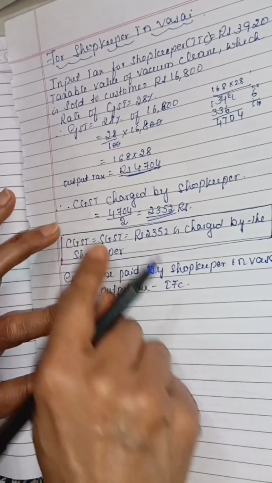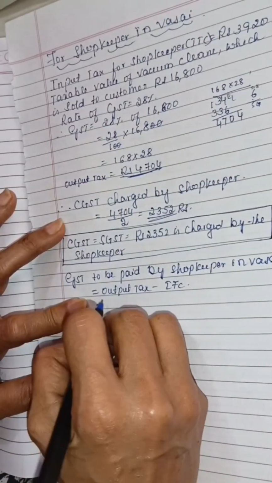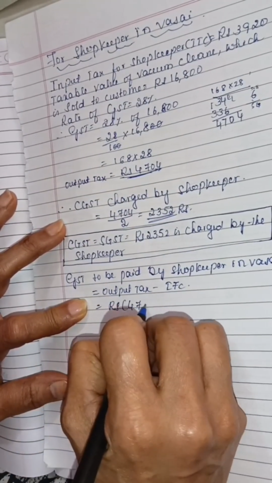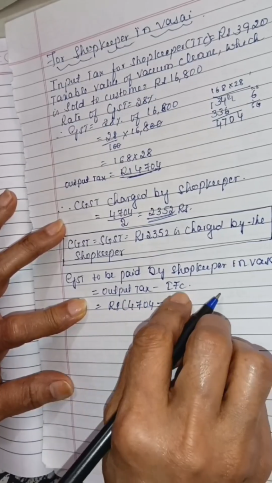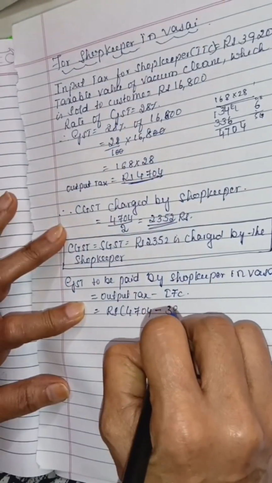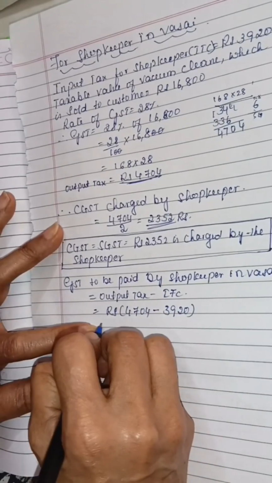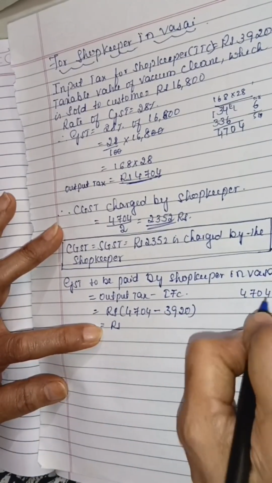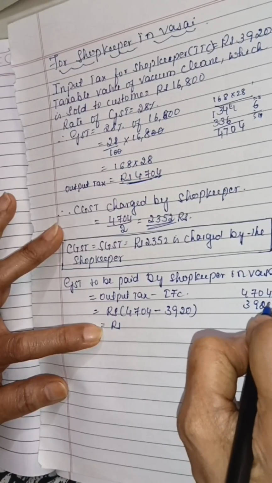Output tax here, see, this is output tax. That is rupees 4704 minus ITC. See here, ITC rupees 3920. 4704 minus 3920.